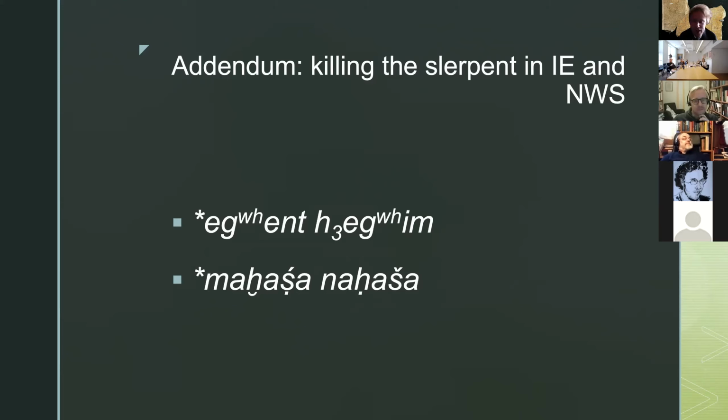And in my work there, I thought if that was borrowed from the Indo-Europeans, could the early Northwest Semites have had a similar phrase that sounded similarly cool? Because the Egwent Ogwim uses a very rare sound. Gw is a very rare sound in early Indo-European.